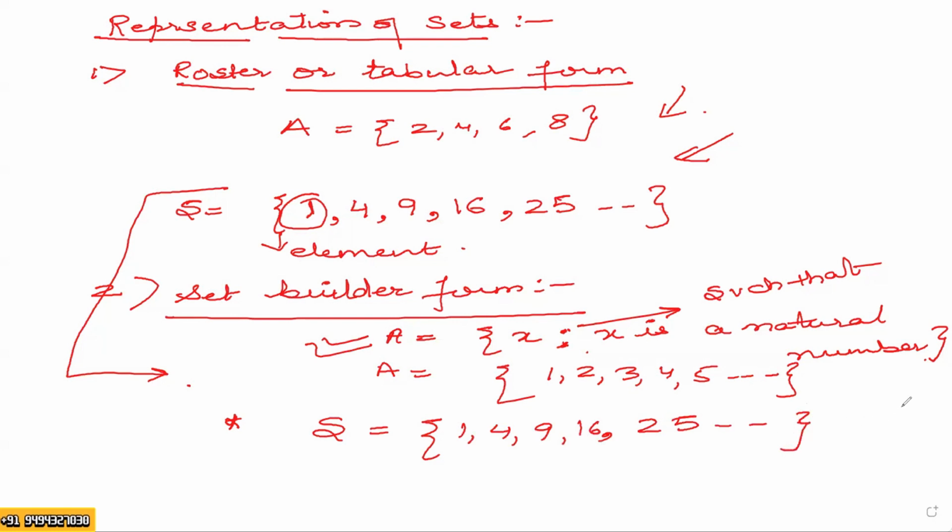Suppose I'm writing here a set S is equal to 1, 4, 9, 16, 25. And children, in this I have to convert this roster form into set builder form. How will I represent it? x such that x is a square. Yes, you will write it as x such that x is the square of a natural number.